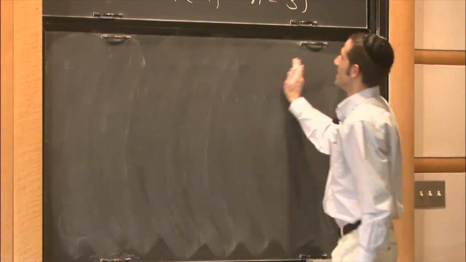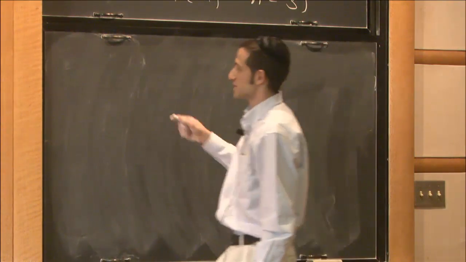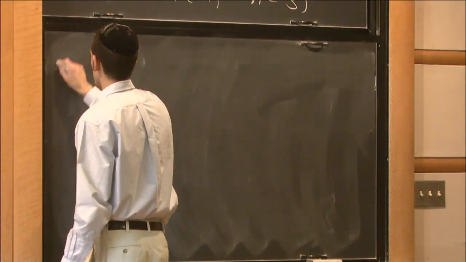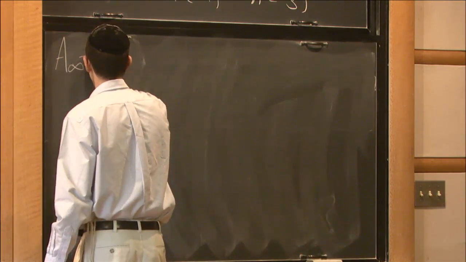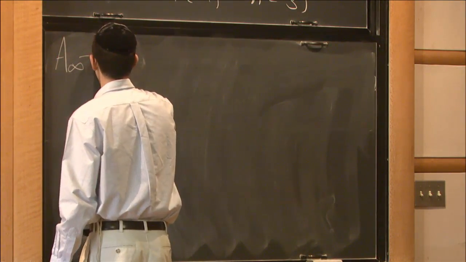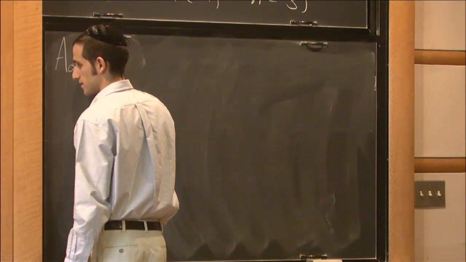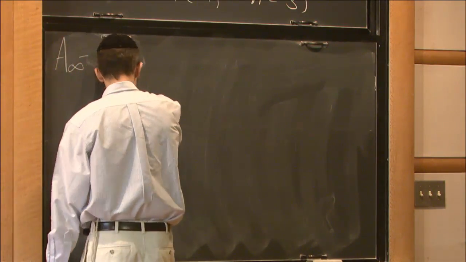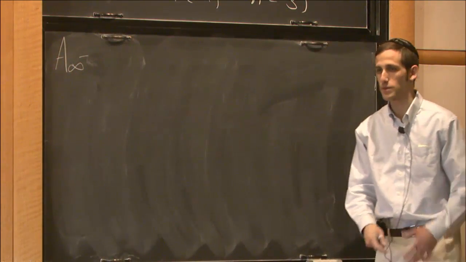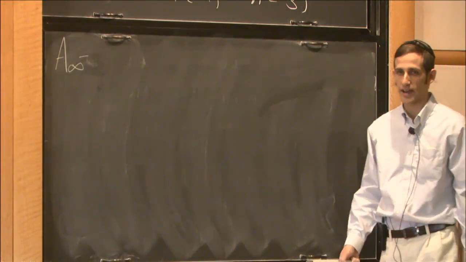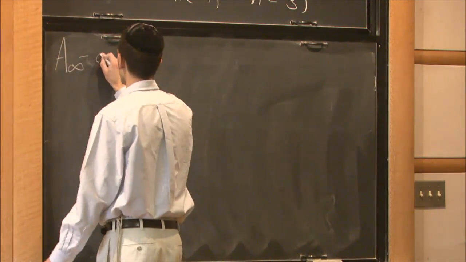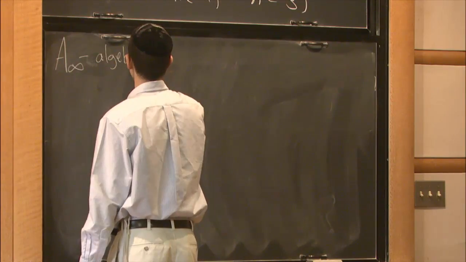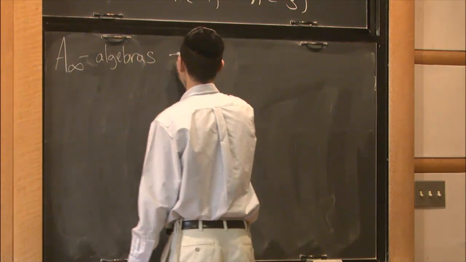Good. All right. So A-infinity algebras, from my perspective, is just a way of encoding the Gromov compactness theorem in an algebraic gadget.